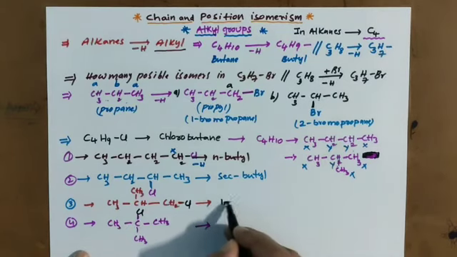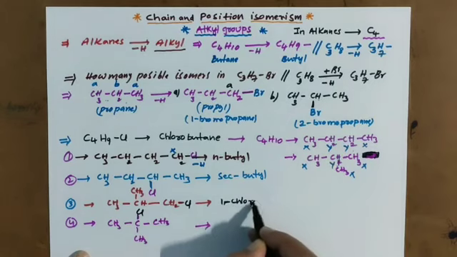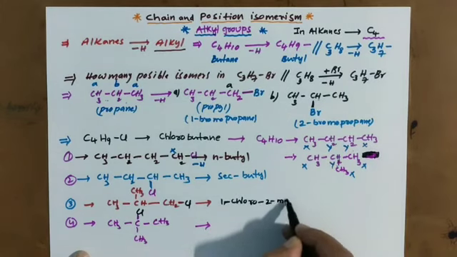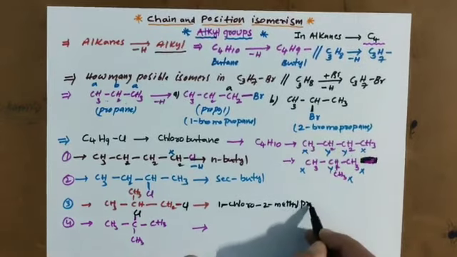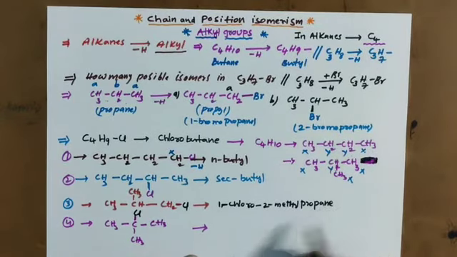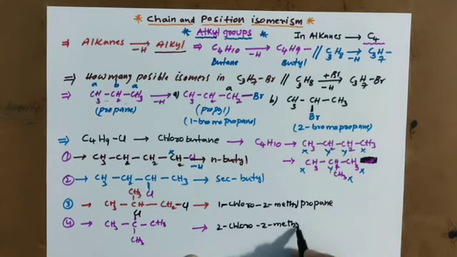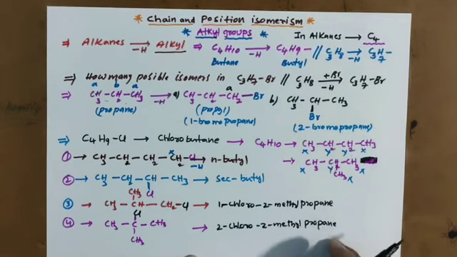So 1 chloro 2 methyl propane, this is one isomer. And here 2 chloro 2 methyl propane. See, these two are different now. This is 1 chloro 2 methyl. This is 2 chloro 2 methyl.